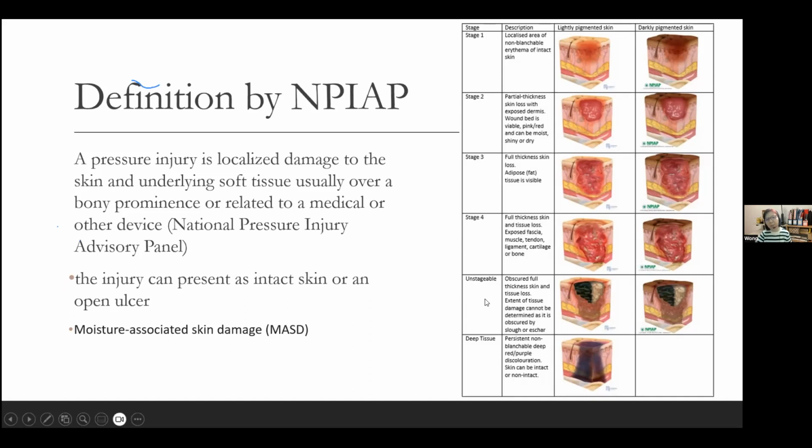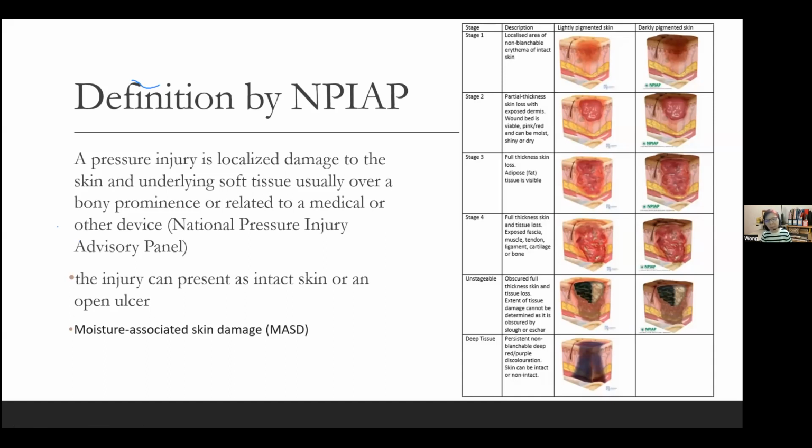The unstageable is referring to those wounds that are obscured. The full thickness you cannot see because it's covered by necrotic tissue like eschar, and below maybe a lot of stuff. So you need to do some debridement, then only can you determine the stage.